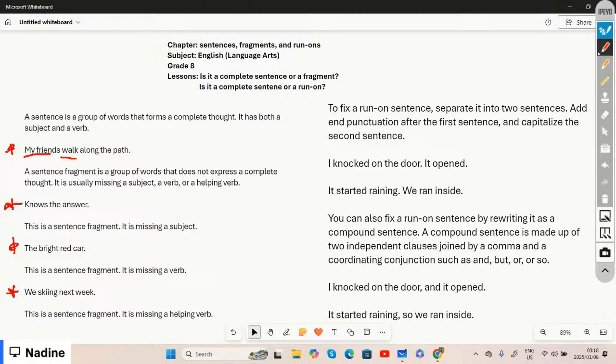And then we also have another one that says, I knocked on the door, it opened.